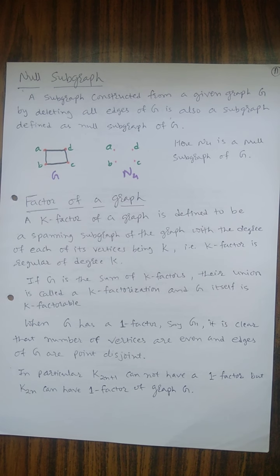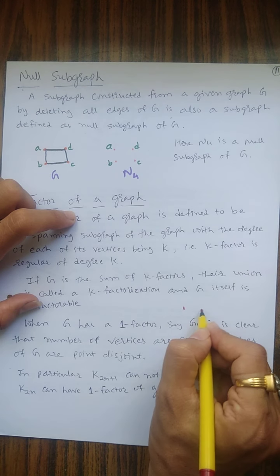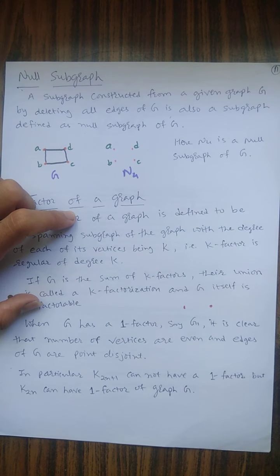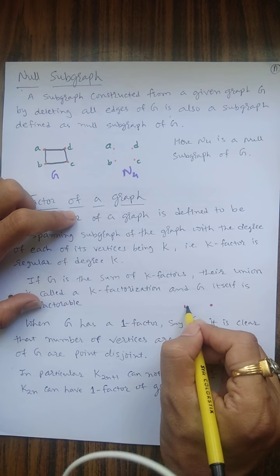When G has a 1 factor, say G1, it is clear that the number of vertices is even and the edges of G are point disjoint. Remember that if the vertices are even, then we can find a 1 factor, because for degree 1, minimum 2 vertices are needed for drawing 1 edge.